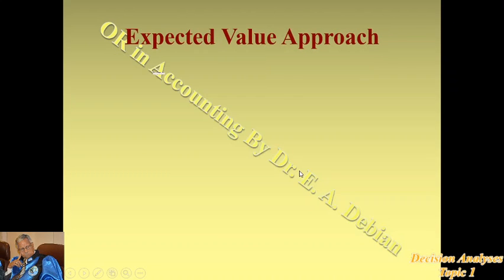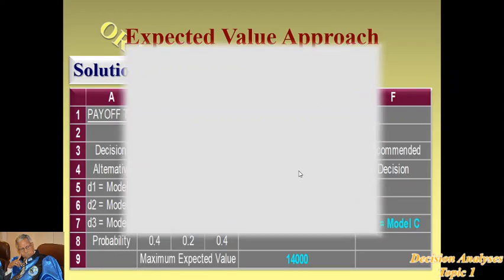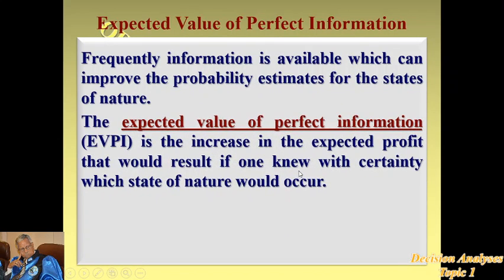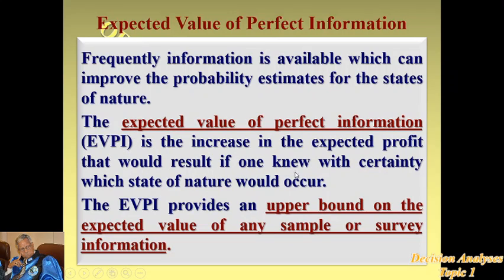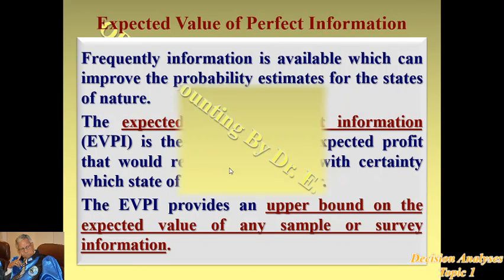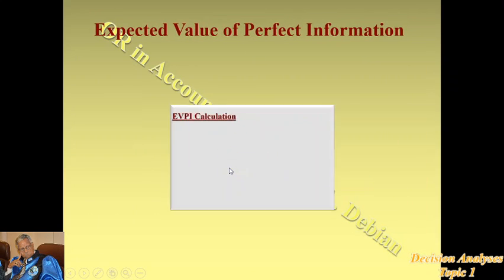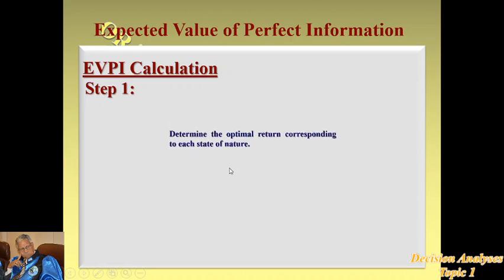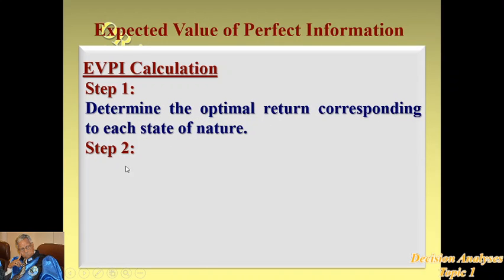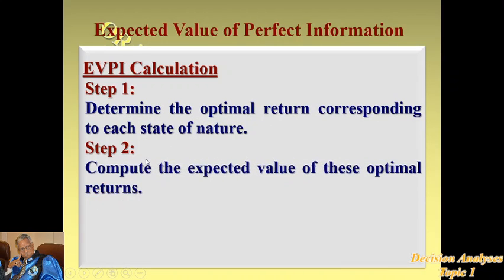Under perfect information, the expected value is the upper bound on the expected value. This is what we will calculate in step number 2. Compute the expected value of this optimal maximum return.